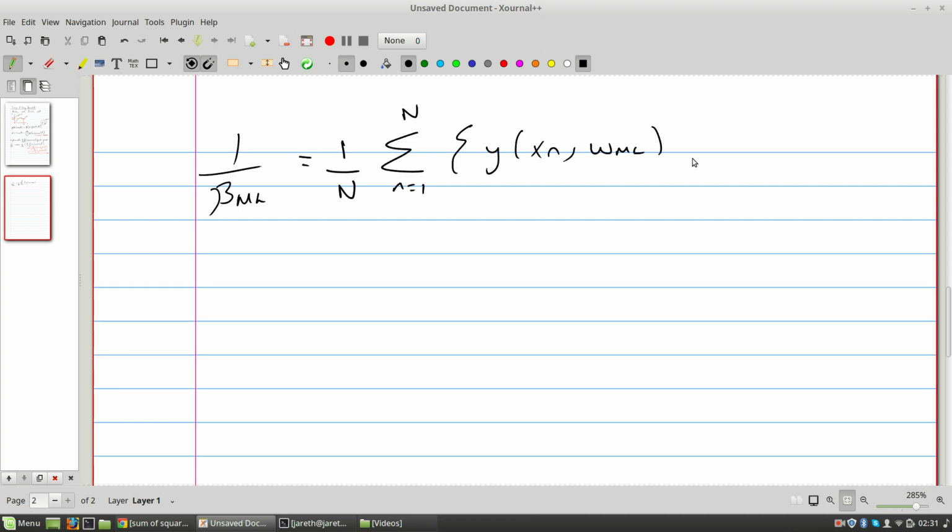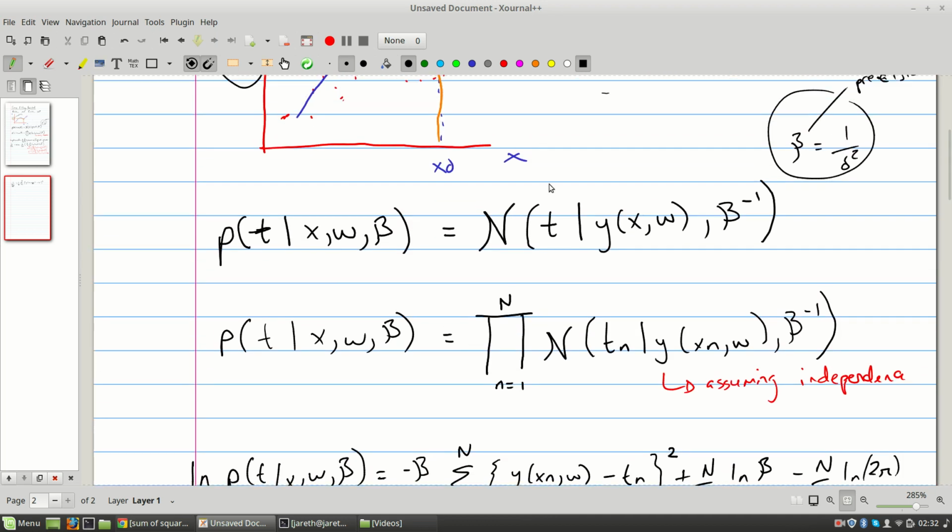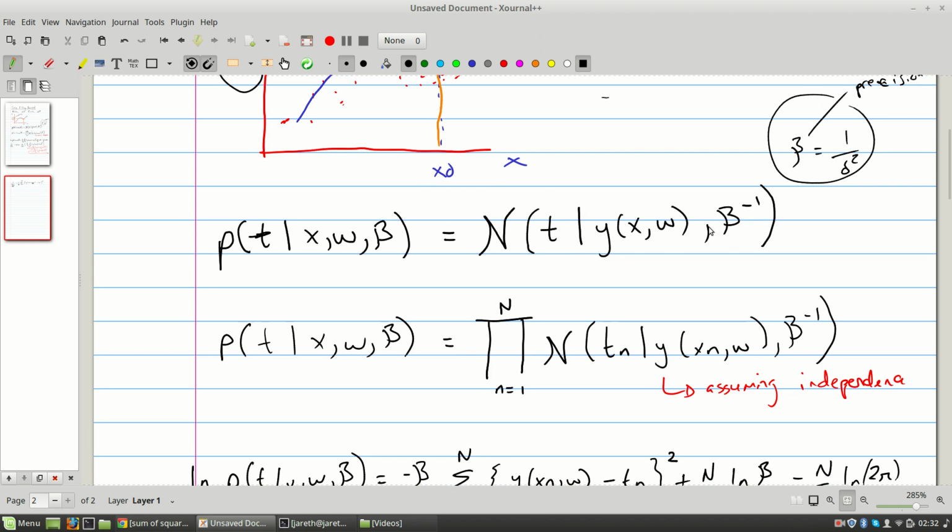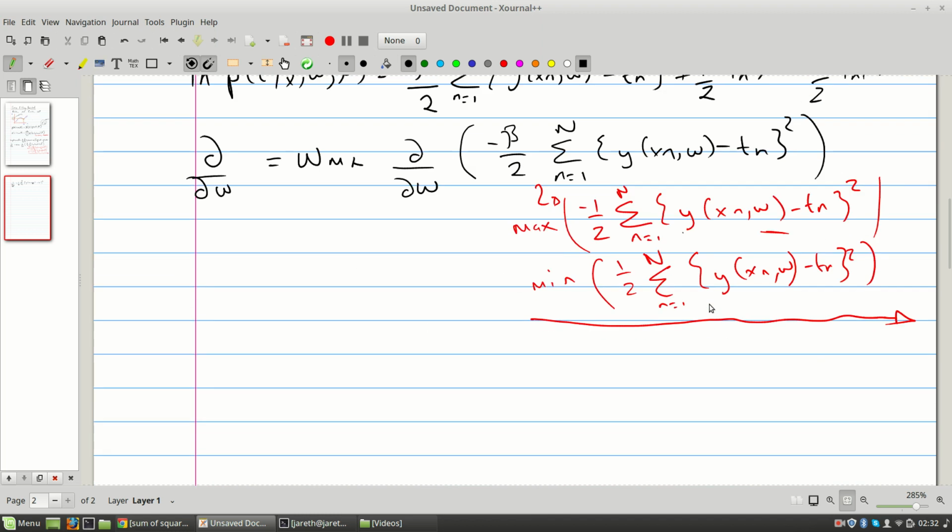So where were we? So yeah, that's minus tn squared, right? The idea is that first we find wML, and then we find what beta ML is. Once we know what wML and beta ML are, then we can resolve our unknown parameters in this Gaussian distribution.